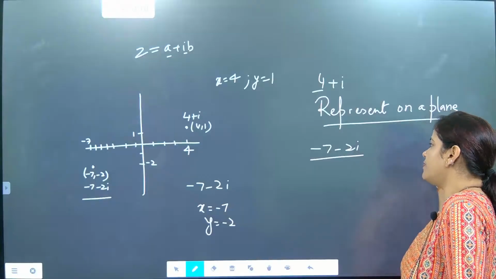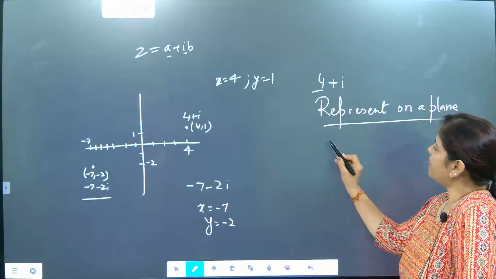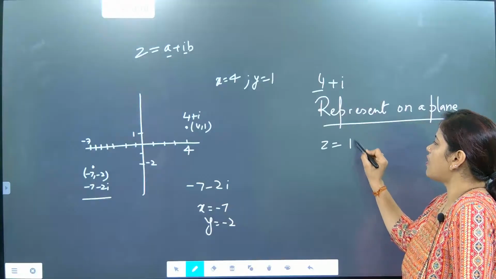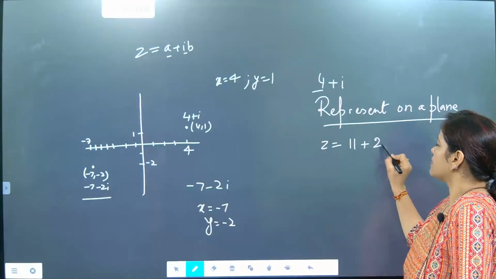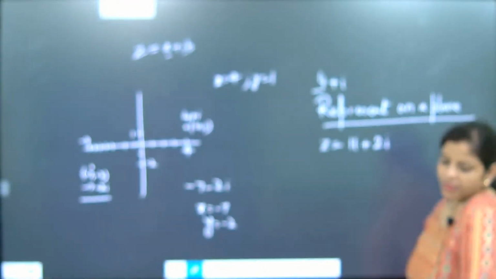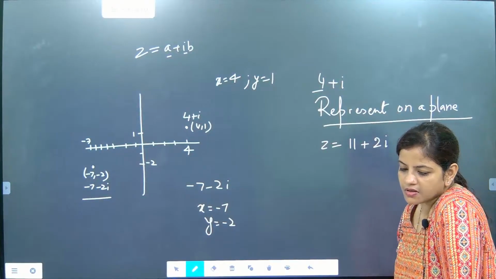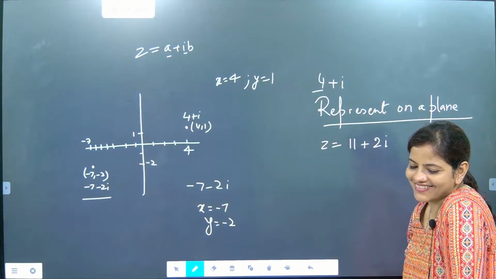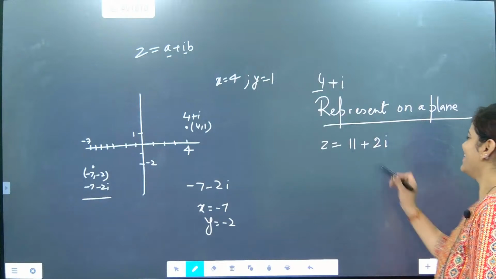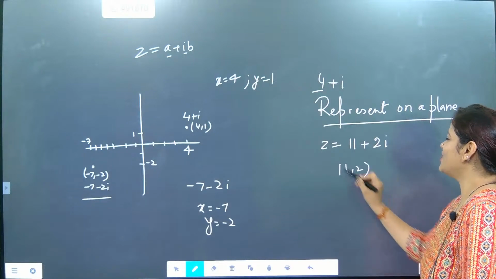If somebody asks you which quadrant this point belongs to: look here, (11, 2) will be there.